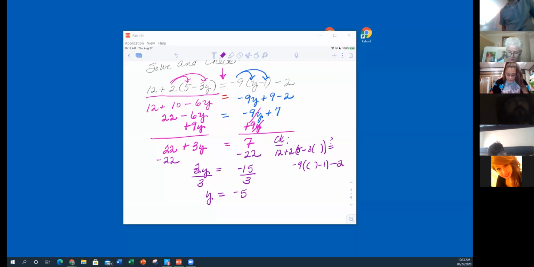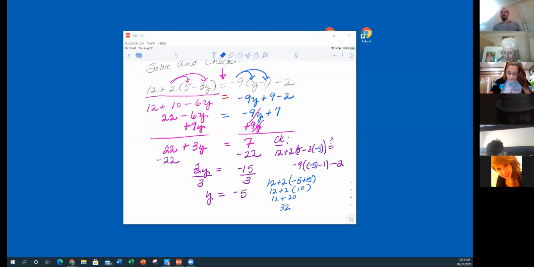So I'm going to go through and put negative 5 back in everywhere I have the parentheses. So this is going to give me 12 plus 2 times negative 5 plus 15. And that's going to be 12 plus 2 times 10. And that's going to be 12 plus 20, which is 32.